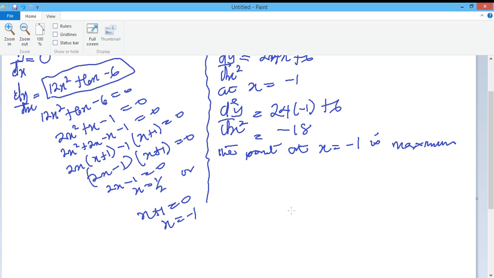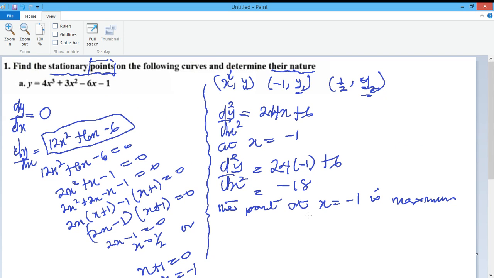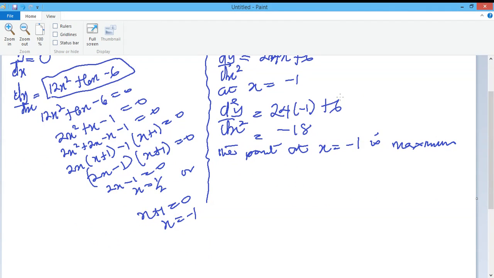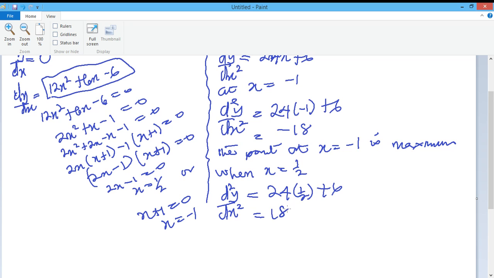Then let's test the point at x equal to half. When x is equal to half, our d squared y over dx squared will be equal to 24 times half plus 6, and that gives us positive 18.